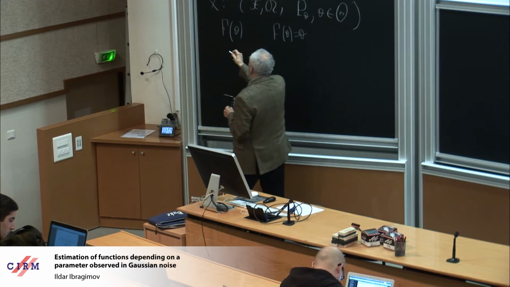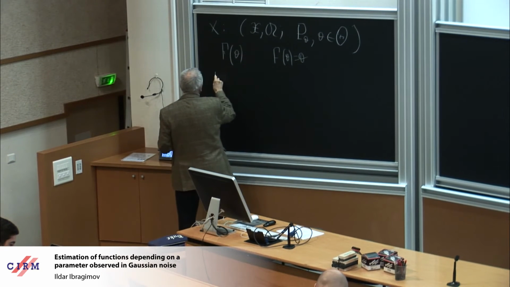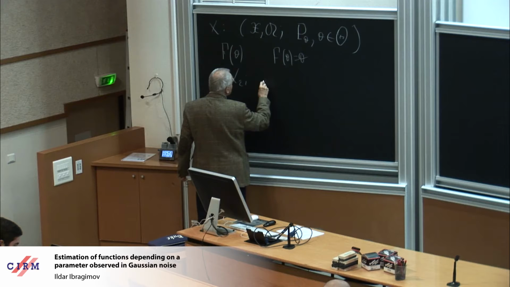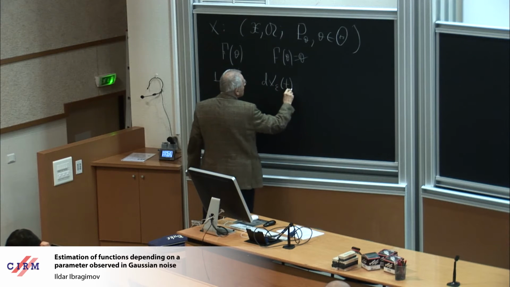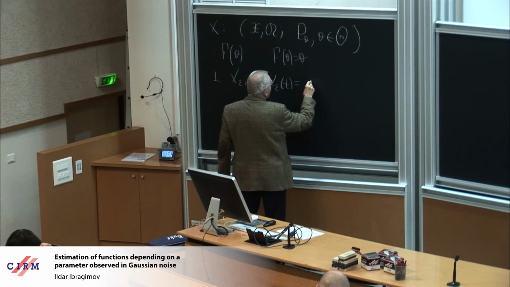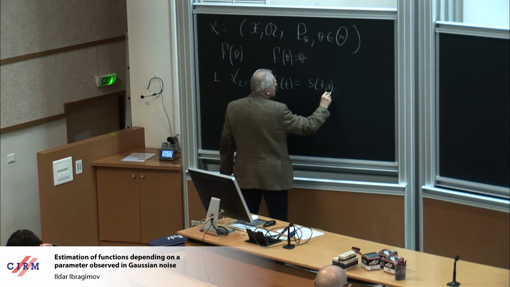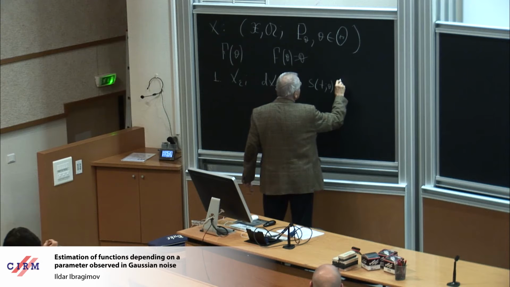The first, we observe X epsilon. It is a random function such that dX epsilon of t is S of t theta dt.